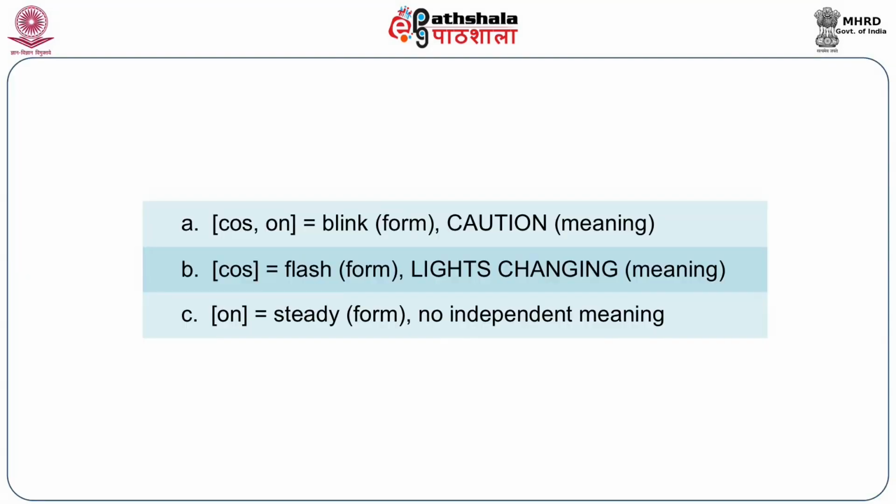We could have the change of state feature and the on feature in a geometry, and this will yield blink form and quotient meaning. Just a feature COS means that it's flashing, and it signifies lights changing. On, the feature on gives you steady in terms of form and has no independent meaning.